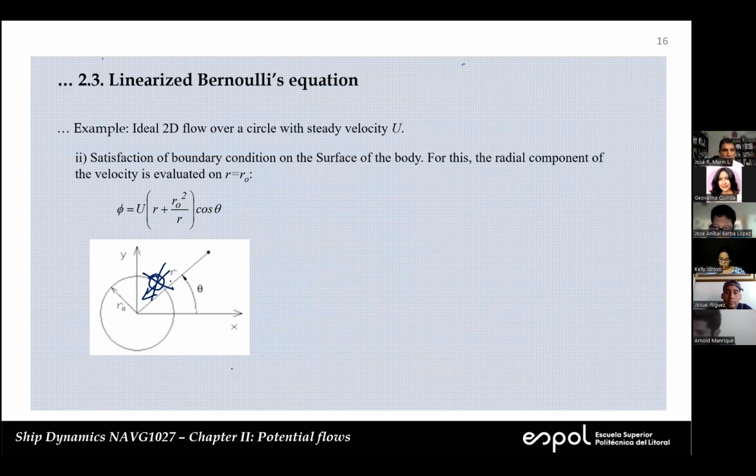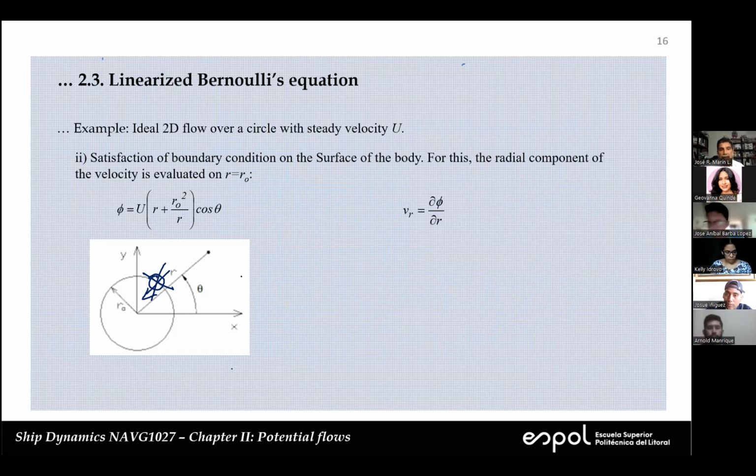If we have a velocity component in the direction r, that means the fluid is crossing the surface. So the body is not a body anymore, right? Because the fluid is entering into the body. Now, we could have tangential velocity, but we cannot have velocity in the normal direction on the body.